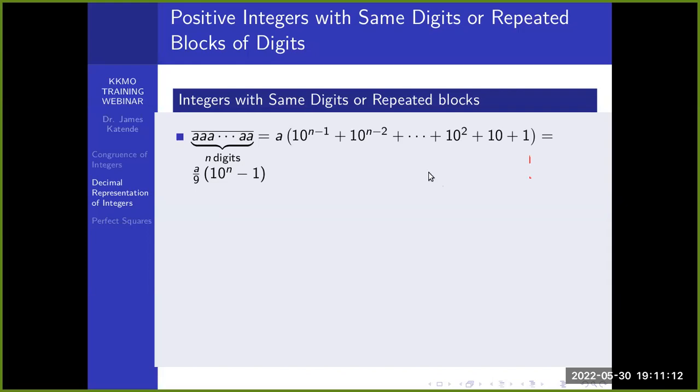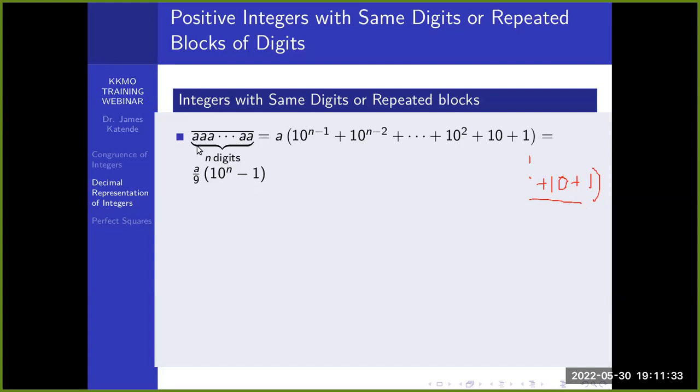So n here is 3, the number of digits is 3, so n minus 1 will be 2. And these powers keep reducing until you get to 1. So you can write this number 222 in this form.